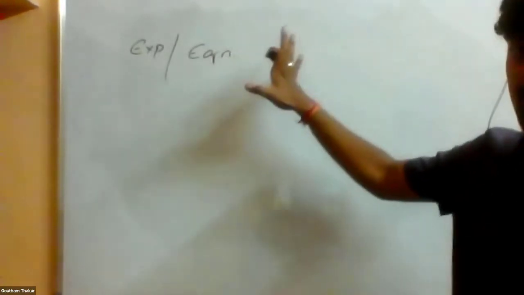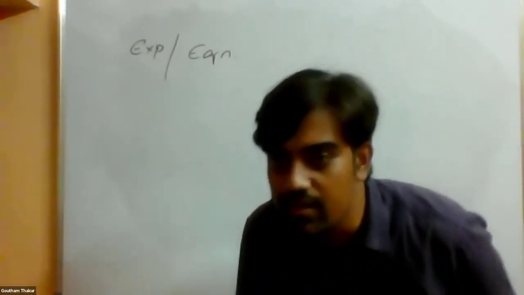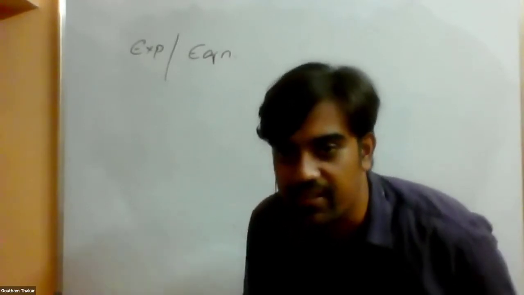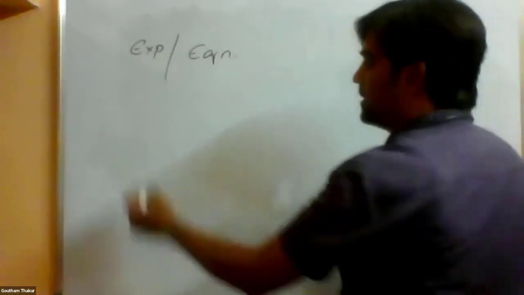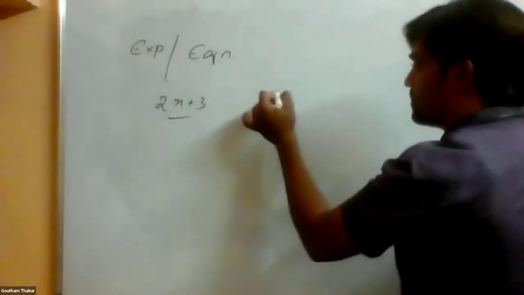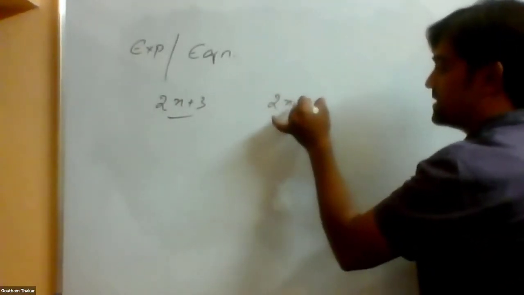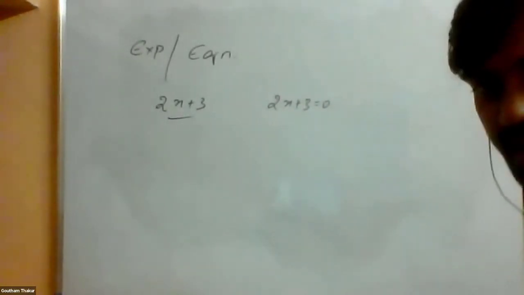Expression, no equal sign. Very good, Divyanshi. Equation has an equal sign. For example, 2x plus 3 is an expression, and 2x plus 3 equal to 0 is an equation.